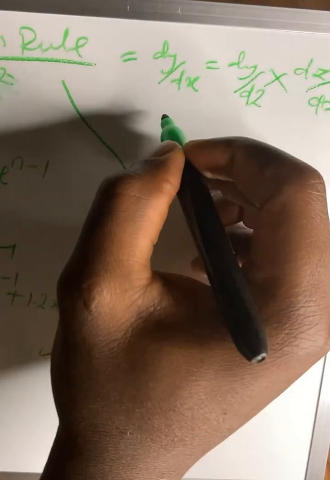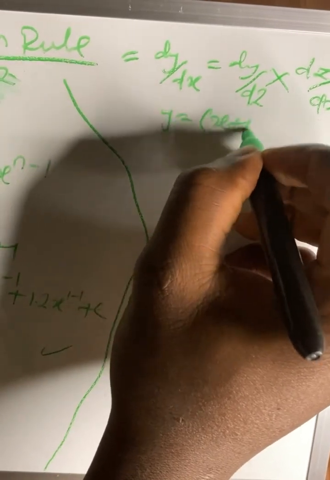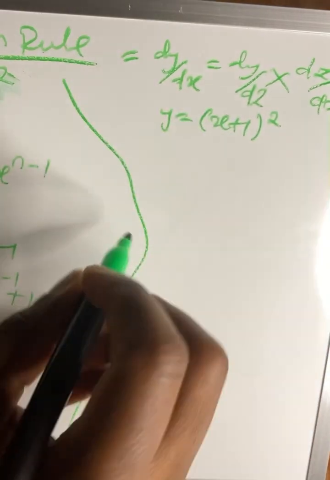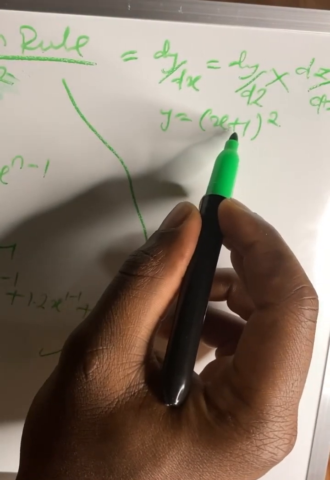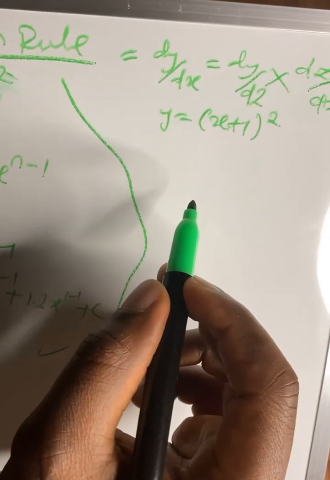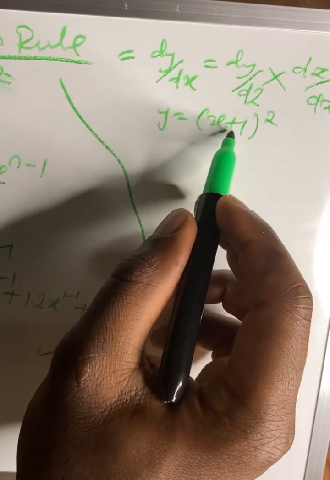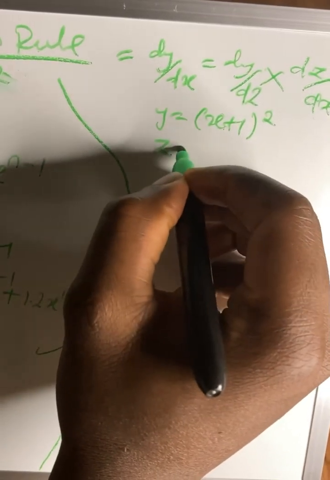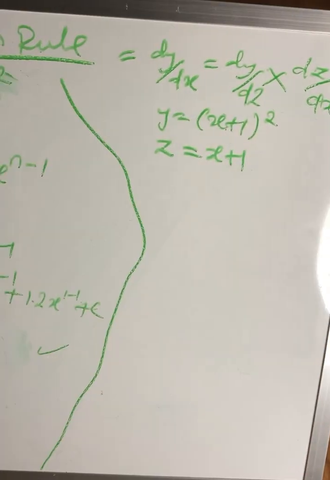Okay, remember that our equation is y equals x plus 1 to the power of 2. So here the core content of the bracket is x plus 1. And I told you that I'm going to use the letter z to represent this x plus 1. So our letter z will be equal to x plus 1.